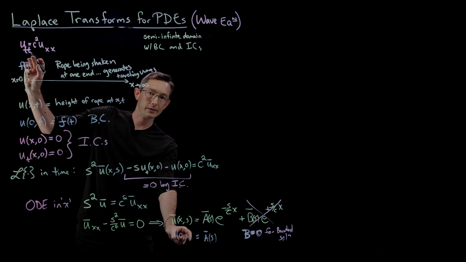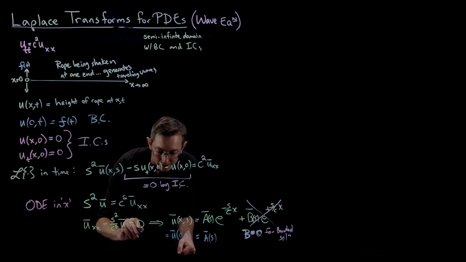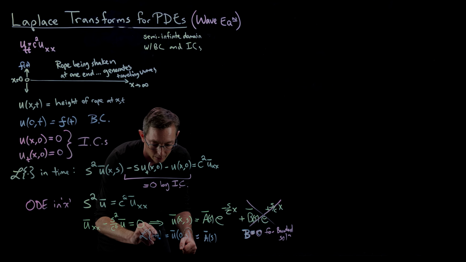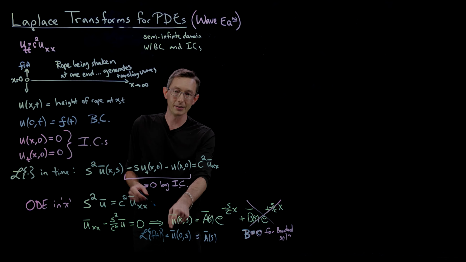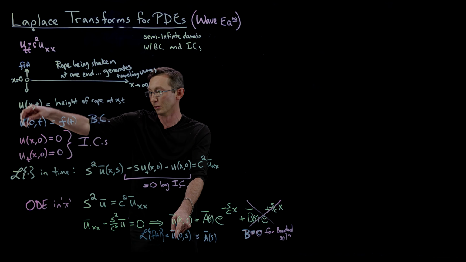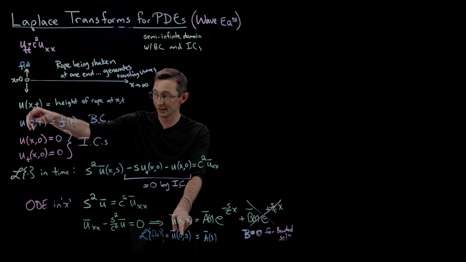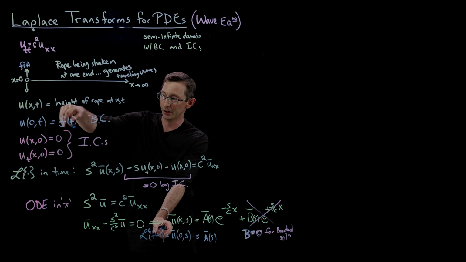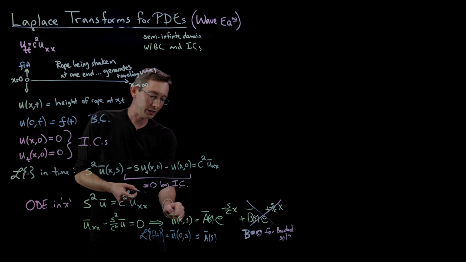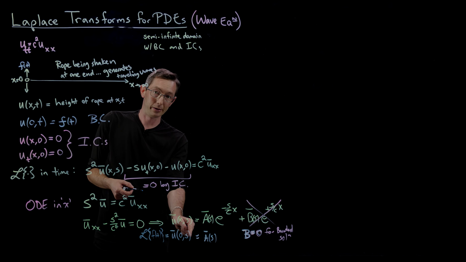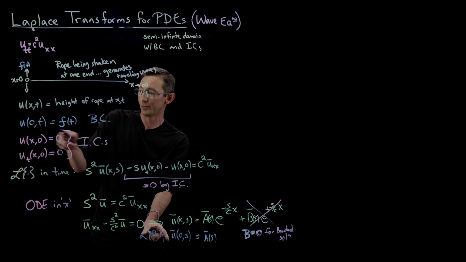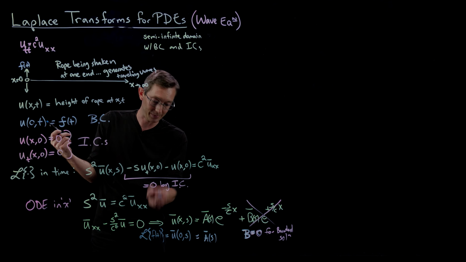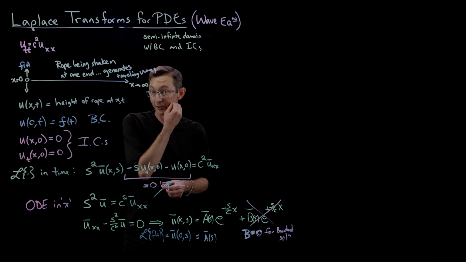And u bar of 0, comma s is just the Laplace transform of my forcing f of t. This u bar is just the Laplace transform of u at spatial location x equals 0 at time t, and that's f of t. So essentially, u bar at x equals 0, comma s is just the Laplace transform of my boundary condition. So this entire a bar s is just my Laplace transform of my boundary condition.